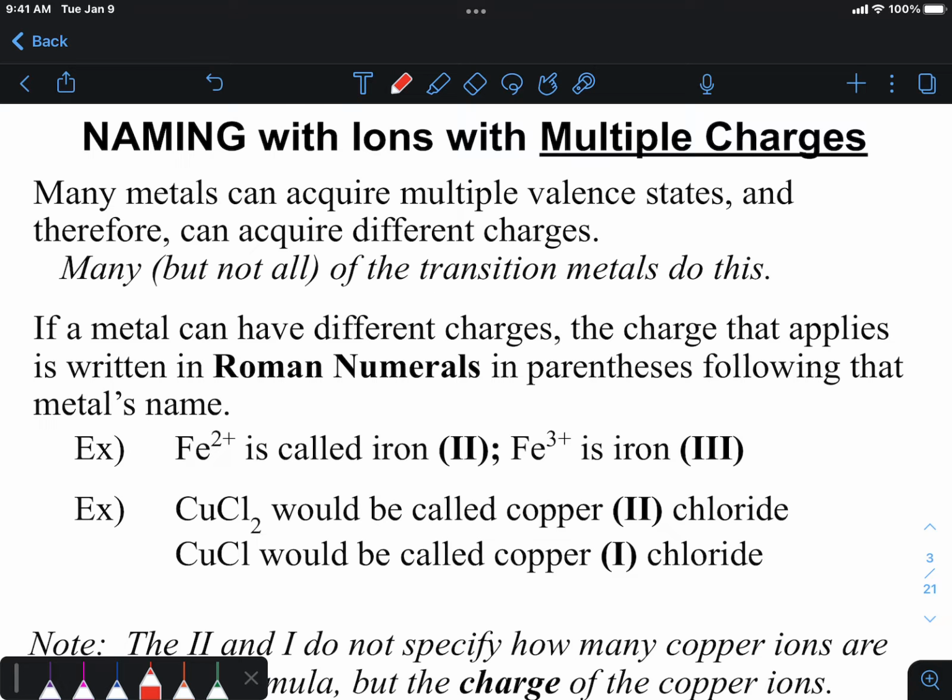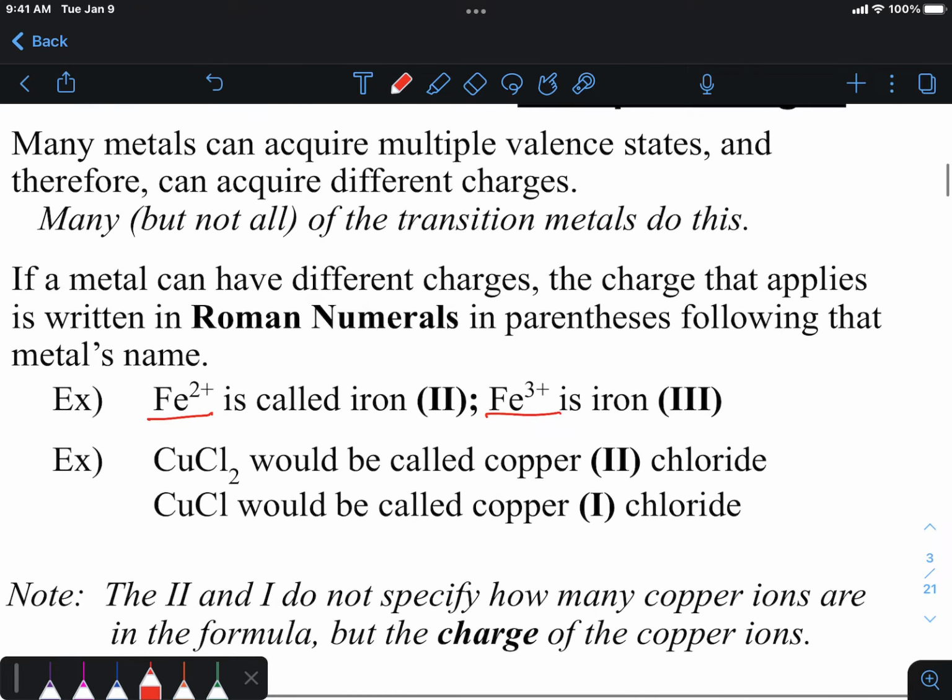In this example here, iron can be a +2 or a +3. Right? So, if I combine iron with an element like chloride, since it's mentioned so many times, Fe with a charge of +2.